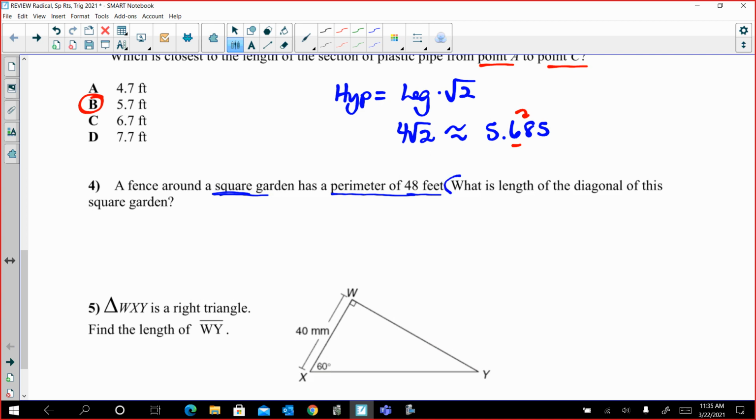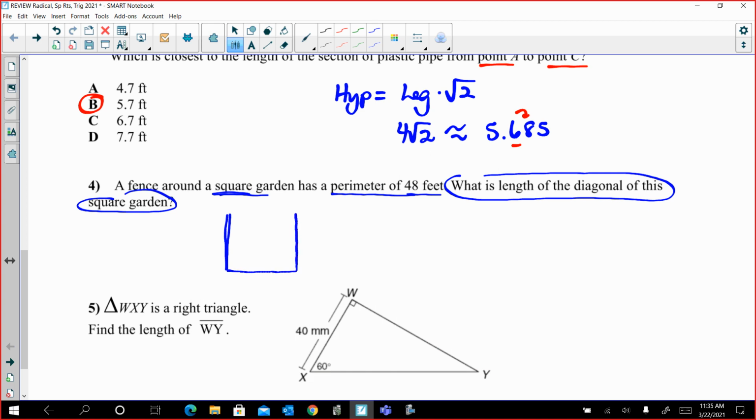The question is, what is the length of the diagonal of this square garden? So you're going to have to sketch a square. It doesn't have to be to scale. For it to be a square, it has to have 4 right angles and all 4 sides are congruent. So if I know the perimeter is 48, then to find each side, I'm just going to do 48 divided by 4. That would give me the side. So that means it is 12.